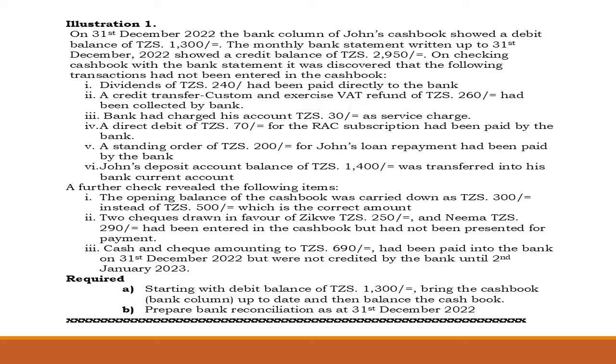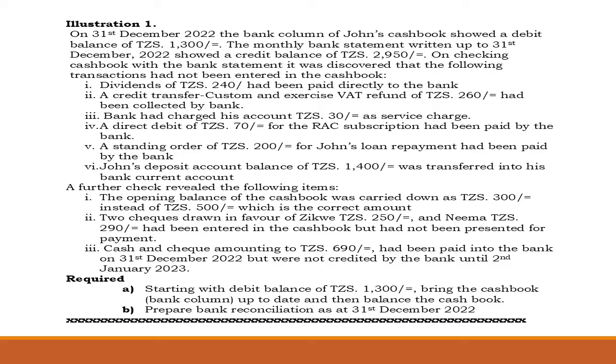So it means that the bank has a higher amount as compared to the cash book. 2, a credit transfer, customs excise VAT refund of 260, had been collected by the bank, but this amount has not yet been recorded in the cash book. 3, the bank had charged the account 30 as a service charge. This service charge has not been recorded in the cash book.